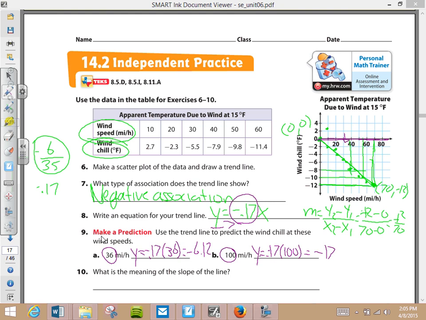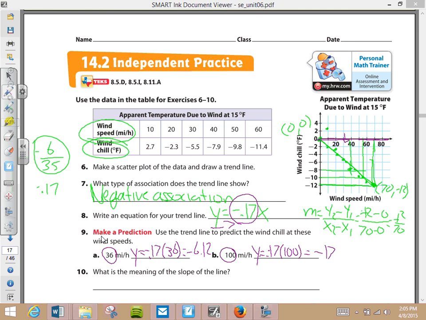So what is the meaning of the slope here? Let's not read it. Let's tell me what the meaning of the slope is. The slope was negative 0.17. What does that mean?